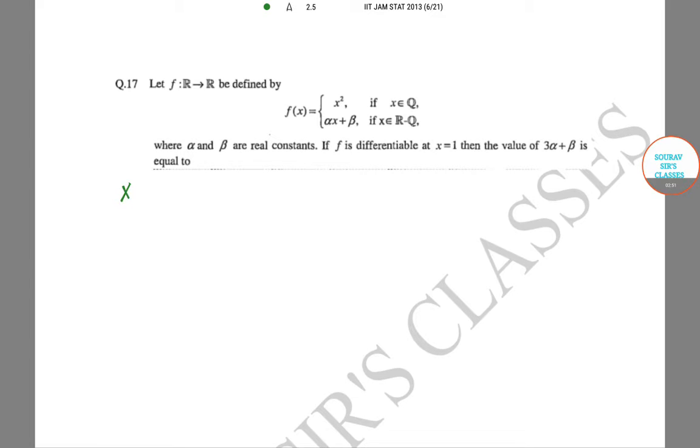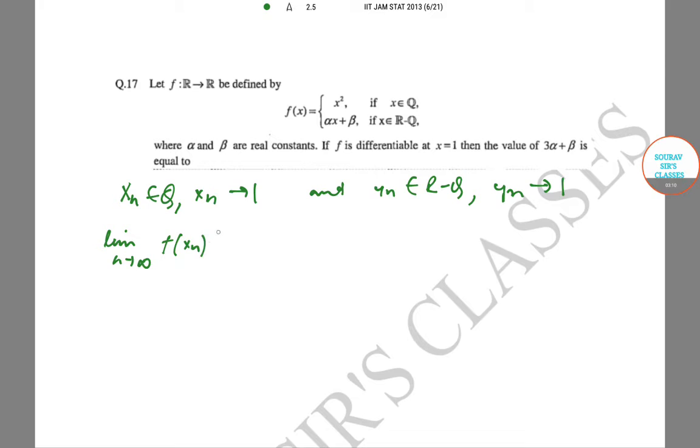If we take xn belonging to Q, xn going to 1, and yn belonging to R minus Q, yn going to 1, limit n goes to infinity f of xn is equal to 1, and limit n goes to infinity f of yn is equal to alpha plus beta.